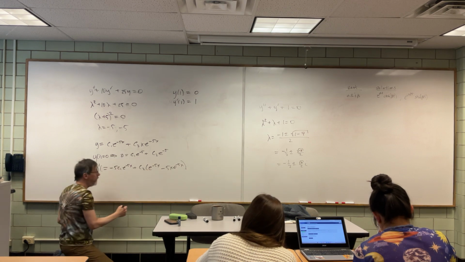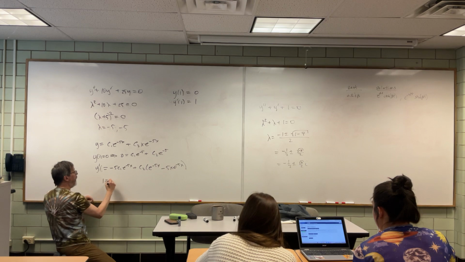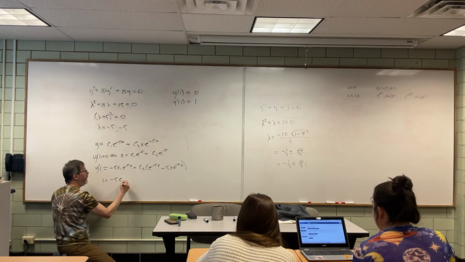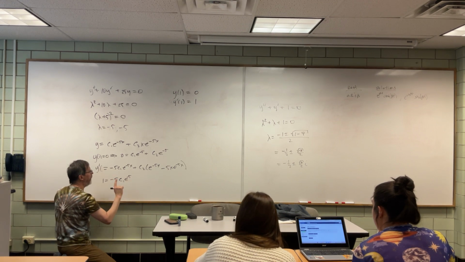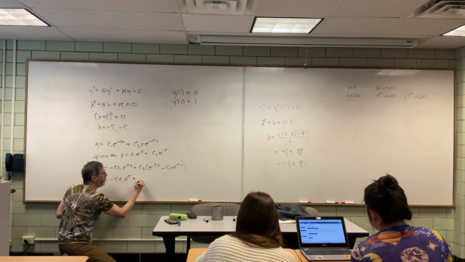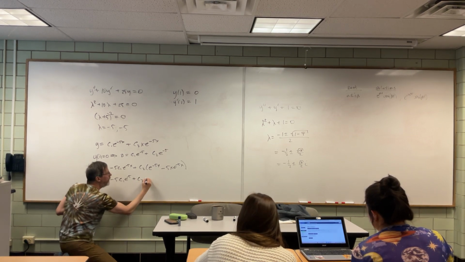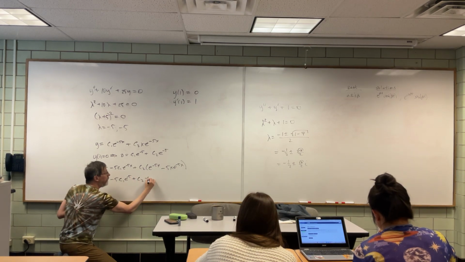Then I plug in 1, and I get 1 out, so I've got -5 C1 e to the -5th. I'm going to help you see how to make this much easier. And then C2, plug in the 1, and I get -4 e to the -5.